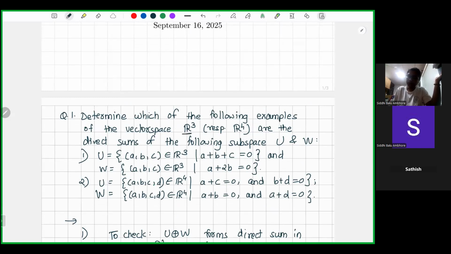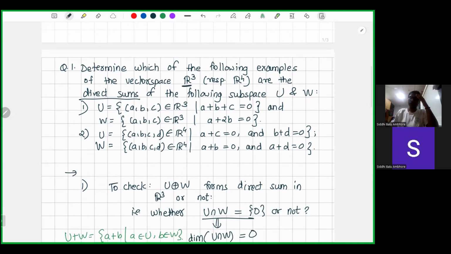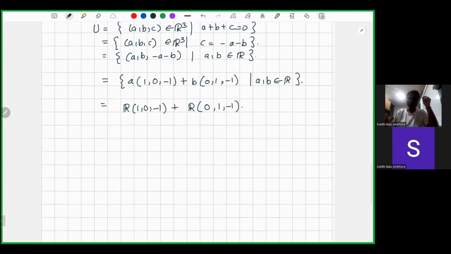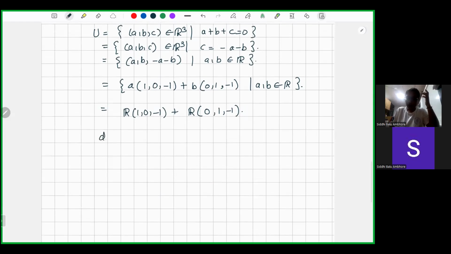So we have to check whether R3 is the direct sum of this U and W. Dimension of R3 is 3. So when we say that R3 is the direct sum of these two vector spaces, we also need to check that the dimension of U plus W is also equal to 3. So from this we have these two vector spaces. U is generated by these two vectors, and let us check their linear independence.